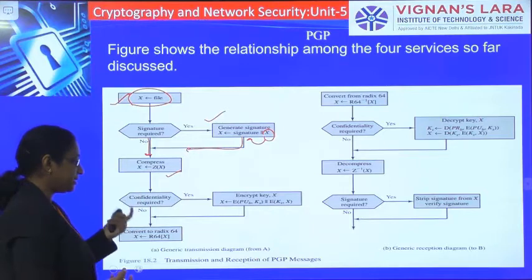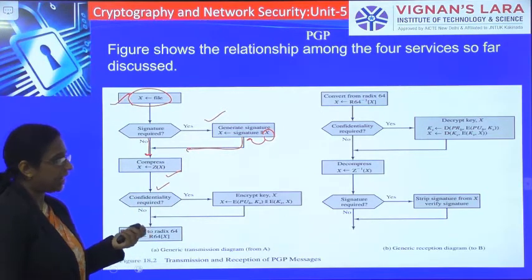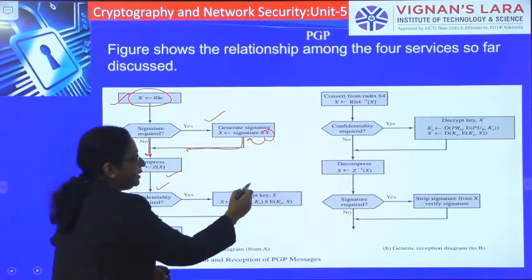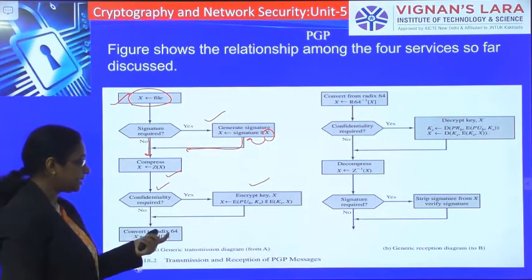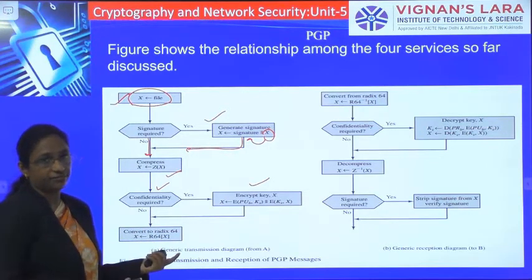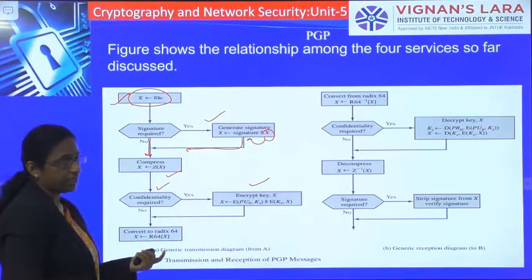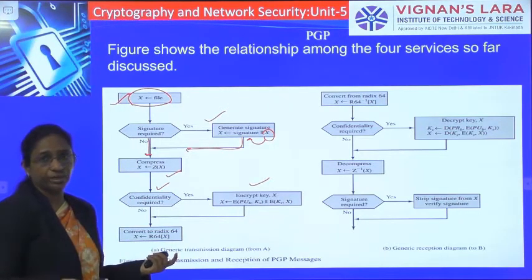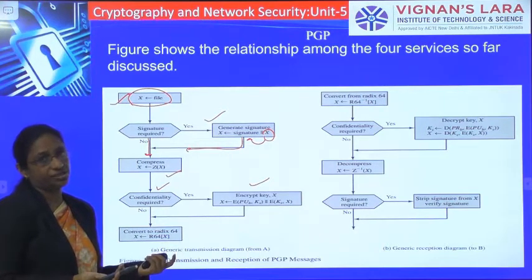After doing that zip, if confidentiality is required, then we will be encrypting X, and then we will be doing the Radix 64 conversion. After the Radix 64 conversion, if required, we will do the segmentation. If the message is too long, then segmentation is done.